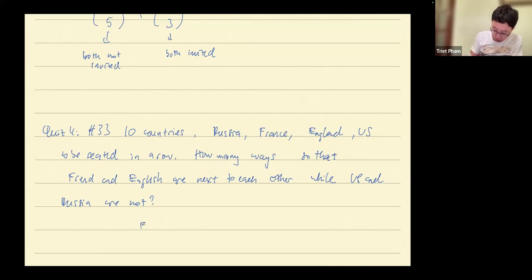What we really want is English here and French there, wherever they are in the 10 seats. But US should be somewhere, and Russia somewhere else. We should not have US and Russia next to each other, and then whatever other countries fill in the rest. And how many ways can we do so?